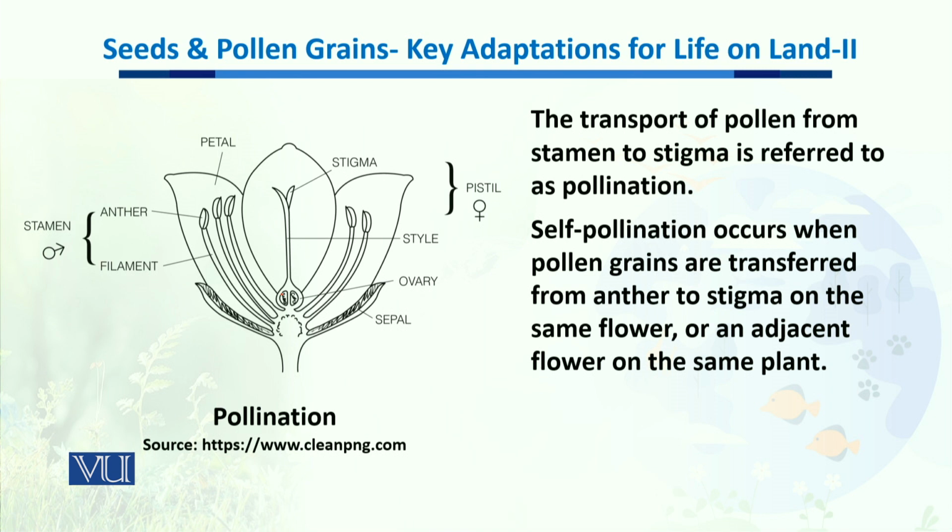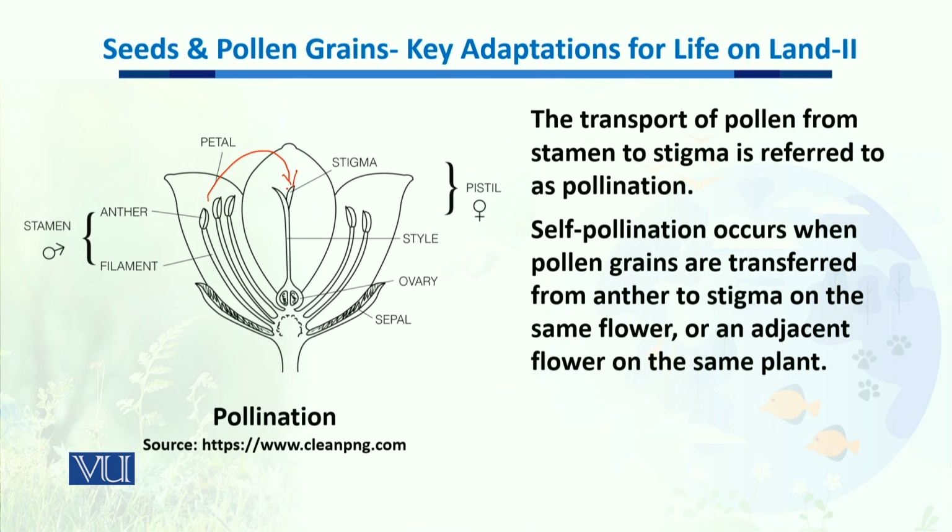Self-pollination occurs when pollen grains are transferred from the male part to the female part of the same flower and fertilize it, or even from the male part of one flower of the same plant to the female part of another flower.